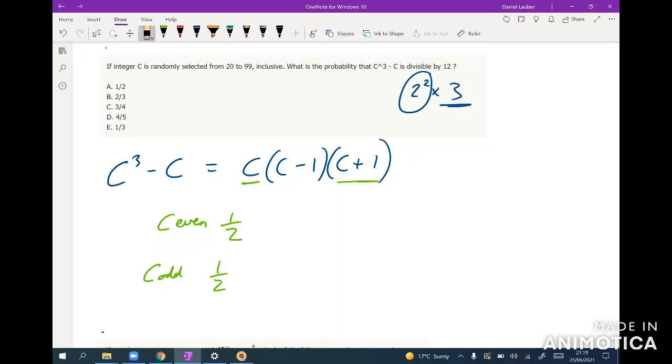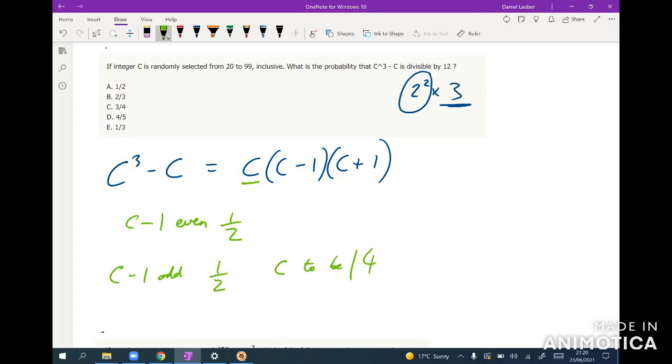Let's just make it clear. If C minus 1 is even, then C plus 1 is even. And if C minus 1 is odd, which also happens half the time, then we need C to be divisible by 4.